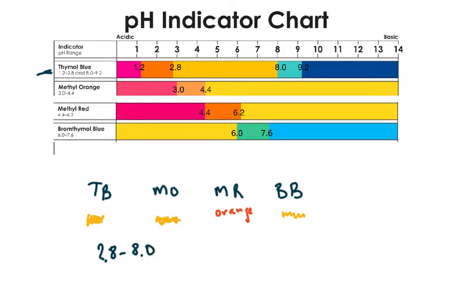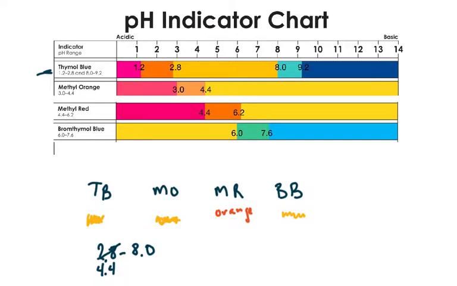But the fact that my methyl orange is also yellow tells me that my lower limit is not 2.8, it is now 4.4. My upper range is still the 8.0 because if it was above that, my thymol blue would be green.